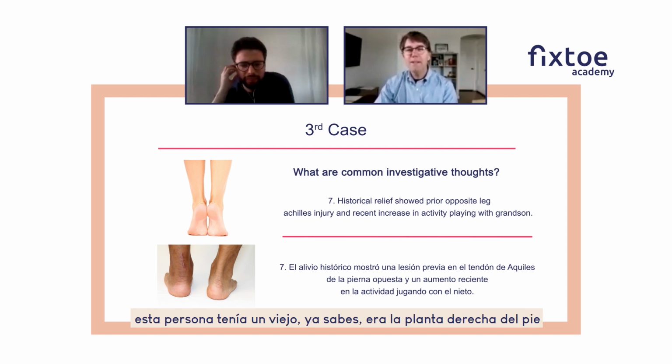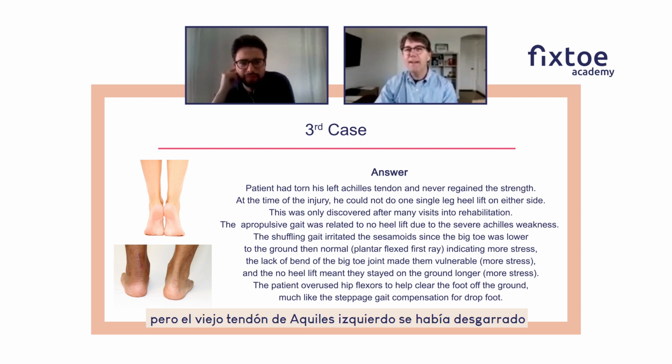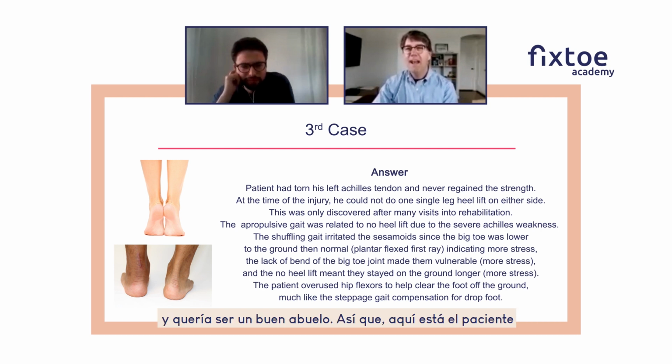So basically, this person had an old, it was a right ball of the foot, but the old left Achilles tendon had been torn, and they had surgery on it, and only recently had an increase of activity from their desk job because they had a new grandchild that they visited, and he wanted to be a good grandpa.